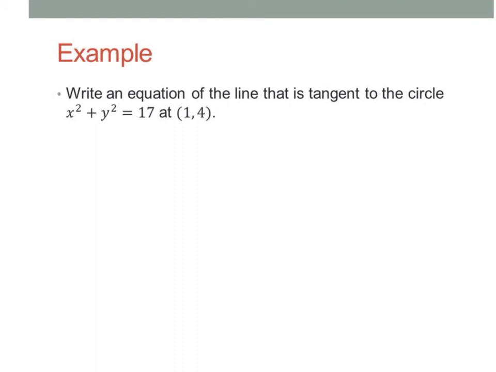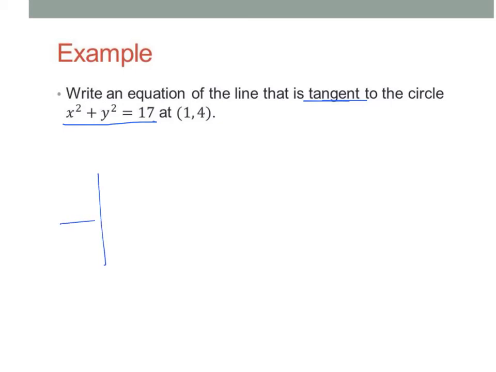So if we want to write an equation of the line that is tangent to the circle x squared plus y squared equals 17 at 1, 4, I know that this line is going to be perpendicular to the radius of this circle.